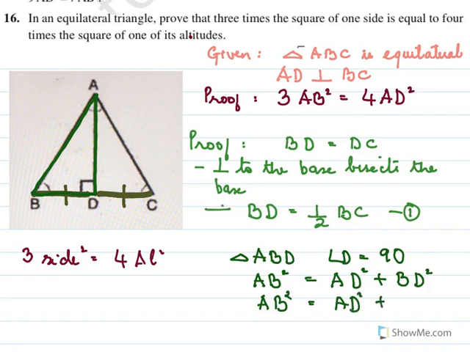Now for BD, I already have found BD is BC by 2. So I'm putting here BC by 2 the whole square. Then I carry on. So I get AB square equal to AD square plus BC square by 4.